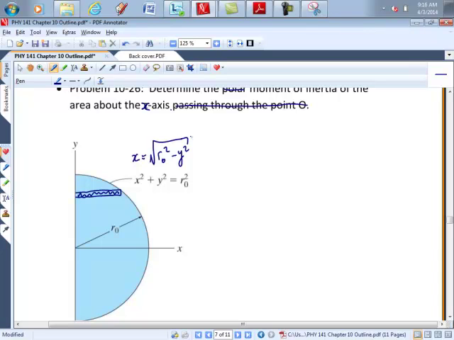Okay. So if that's x as a function of y, then I would have Ix equals integral y squared dA.